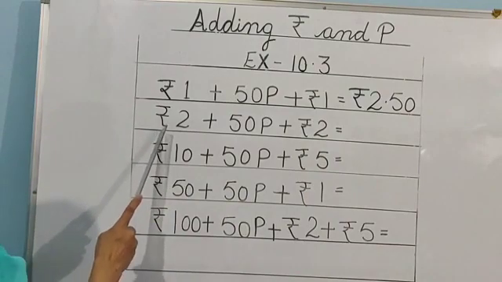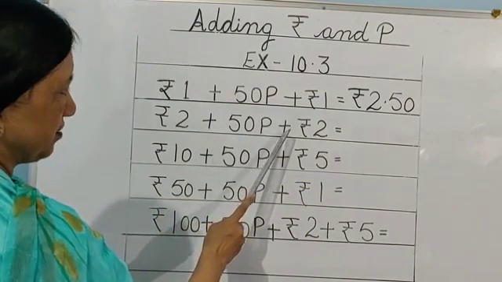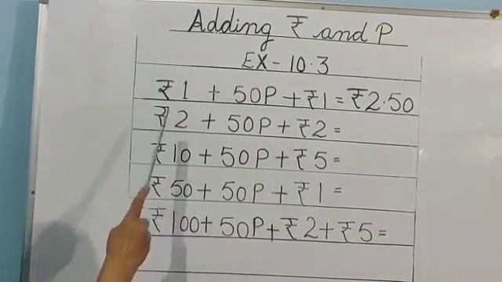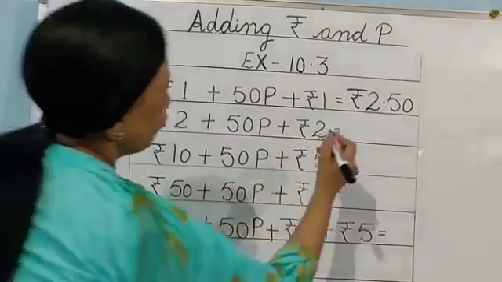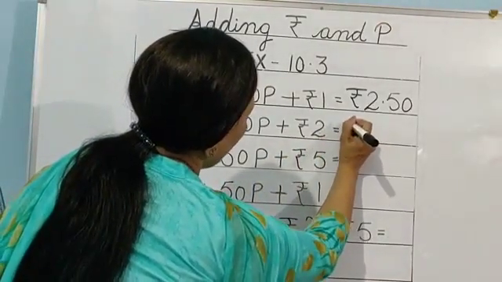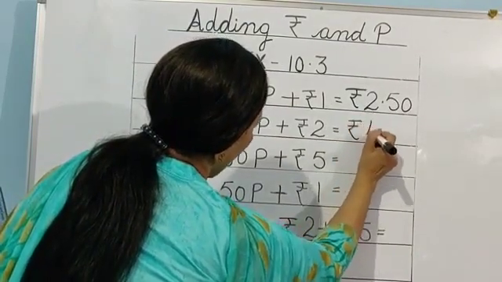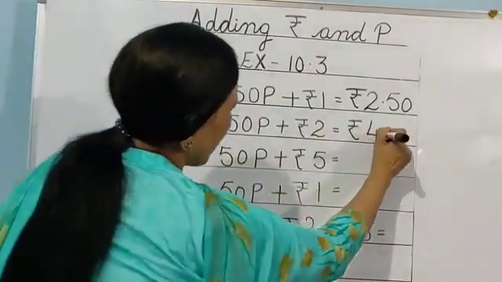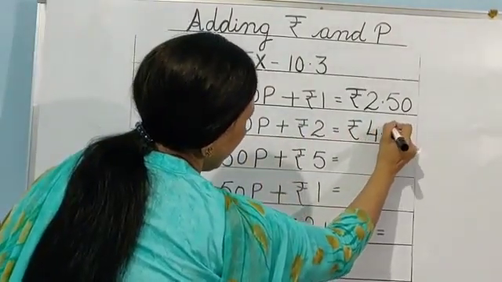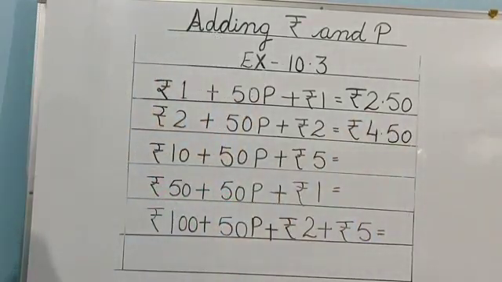Now second is rupees 2 plus 50 paise plus rupees 2. Now 2 plus 2, 4. So how many rupees are there? 4. And how many paise are there? Again 50. So answer is rupees 4.50.